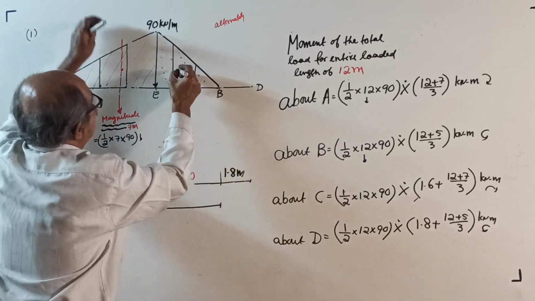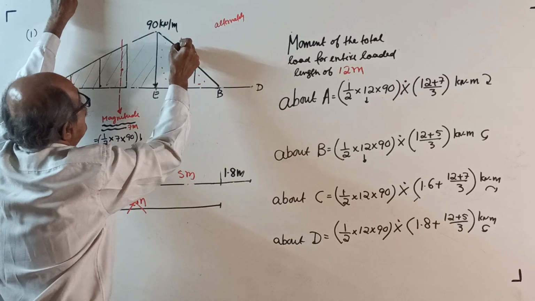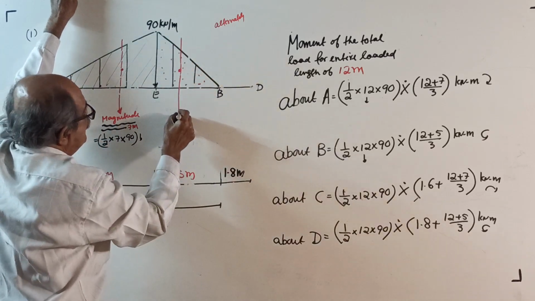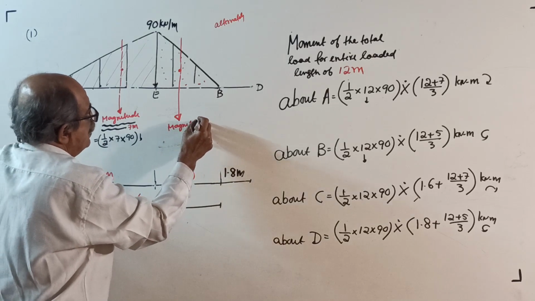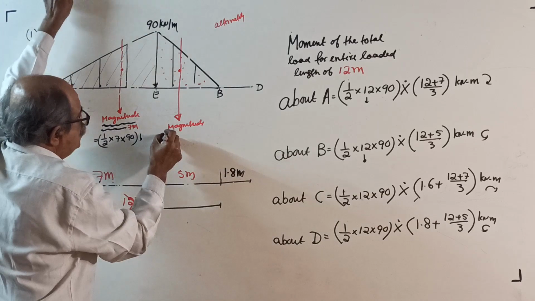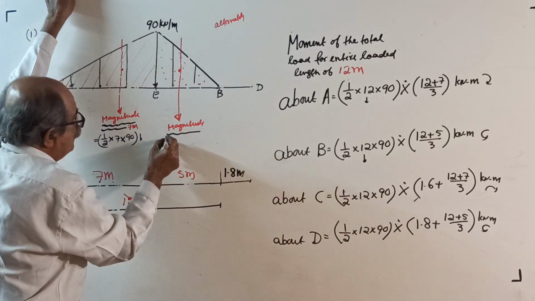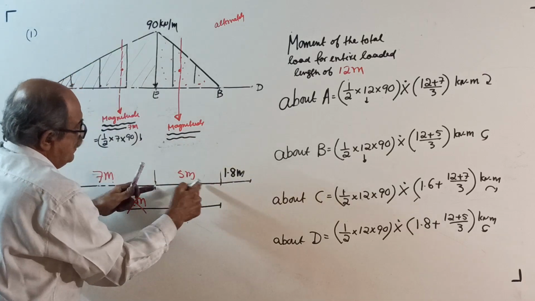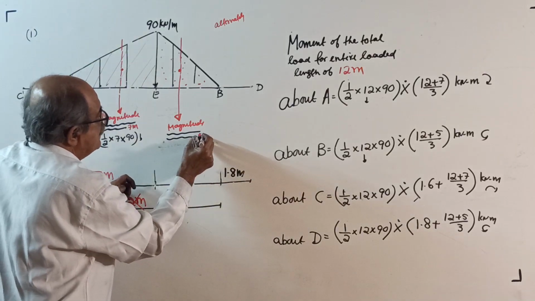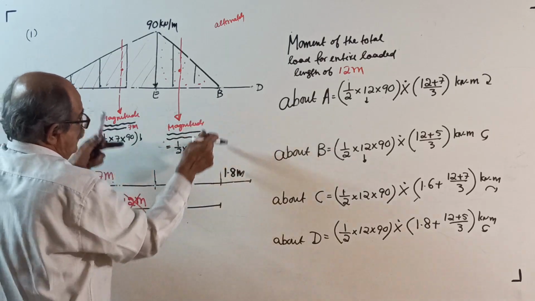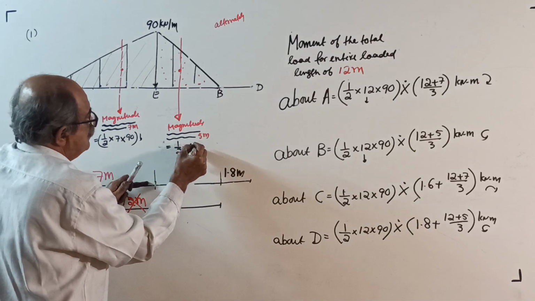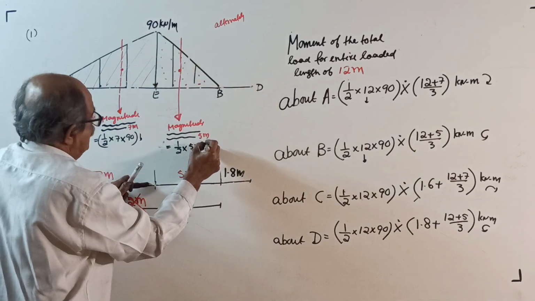Now here, see, magnitude of total load for loaded length considered of 5 meter equal to half into 5 into 90 kilonewton.